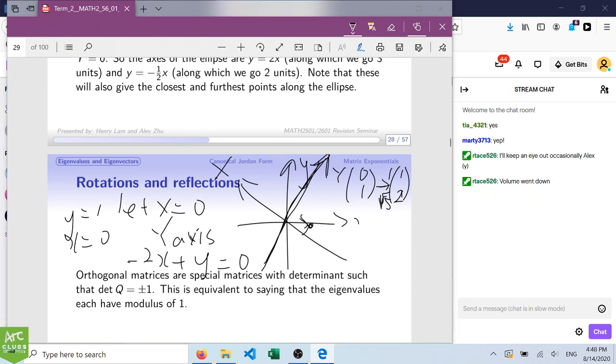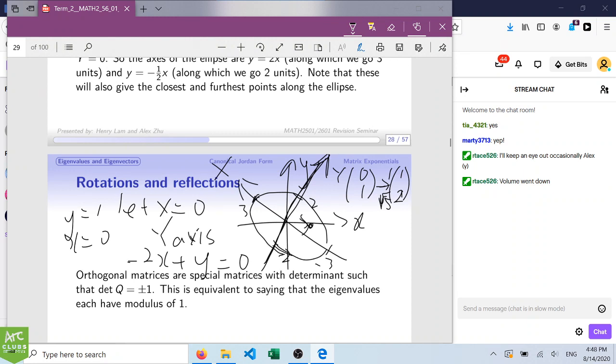So now the entire ellipse is going to look like plus 3 here, and then 2 here, minus 2 here, and then minus 3 here. And we're going to sketch that.